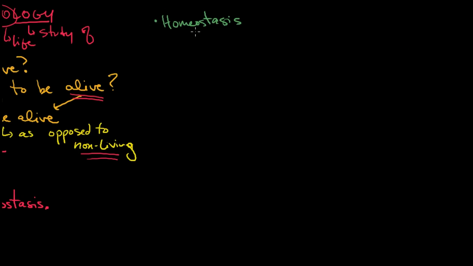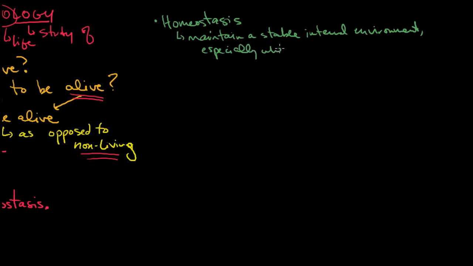And in case you don't remember what this word means, it's the ability to maintain a stable internal environment, especially when the environment changes. Now this could be even in small changes in temperature or pH or something like that.